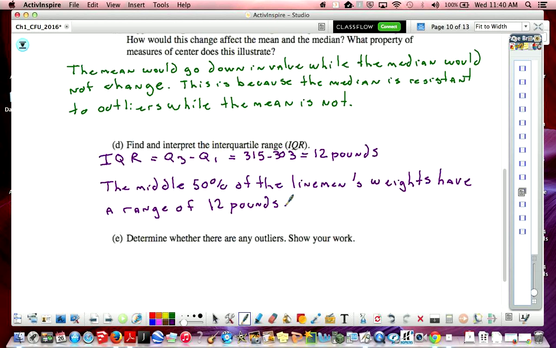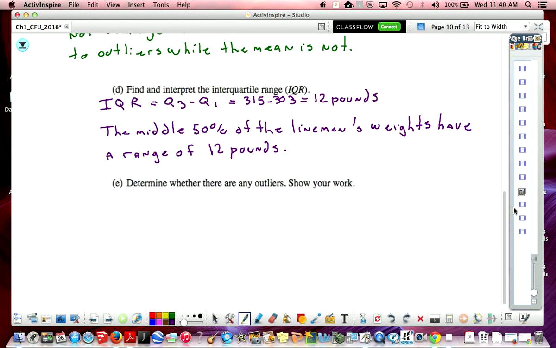All right, part E, the last part of at least the first page, says determine whether there are any outliers. Show your work. With outliers, any value that is greater than Q3 plus 1.5 times the interquartile range, or less than Q1 minus 1.5 times the interquartile range.